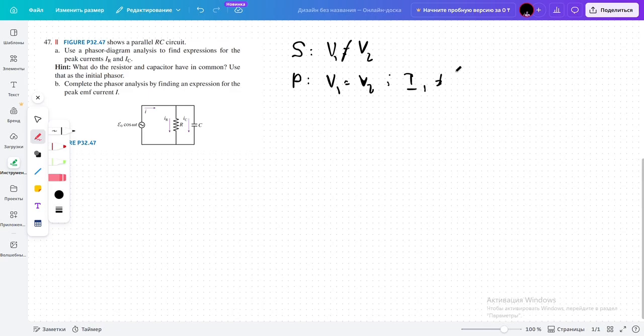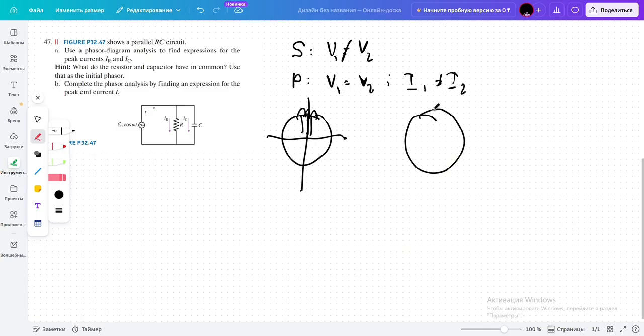Since currents are not the same, we can draw a phasor by using currents. For voltages, the phasor would look like this one. They would be the same because they are the same.